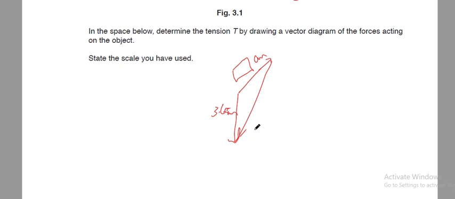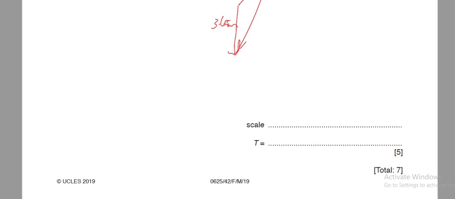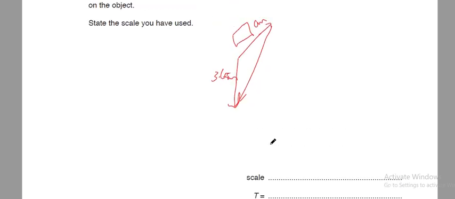Okay, to find the value of T, I will use the values that I have measured with the ruler and multiply it by 100 to give the result in Newton.